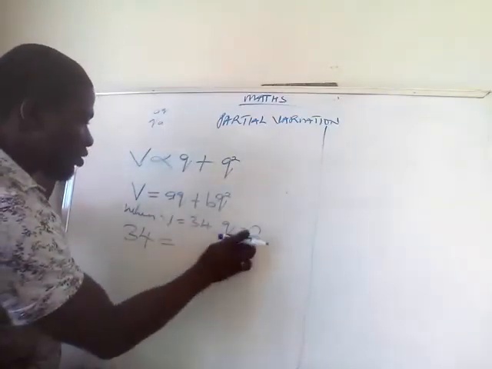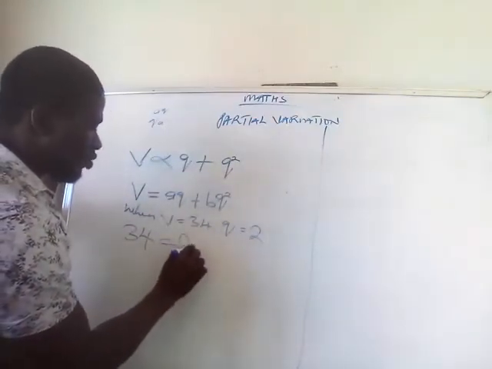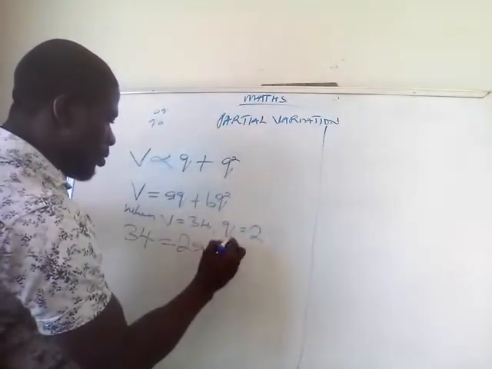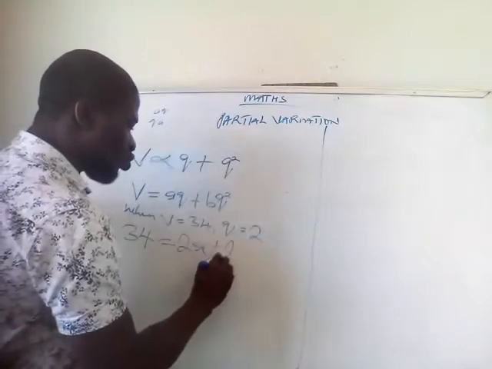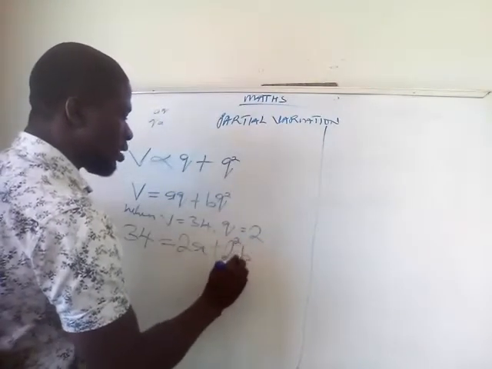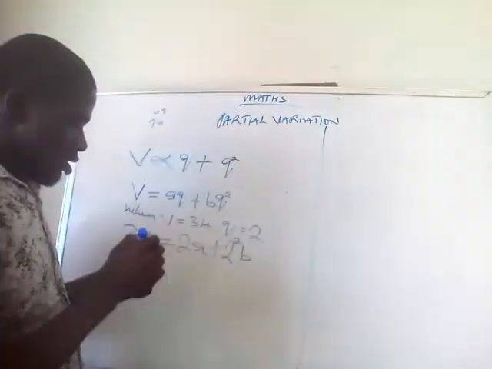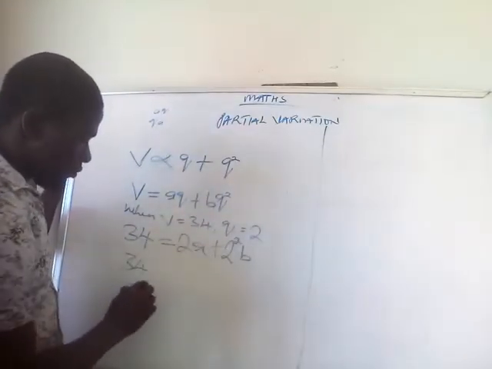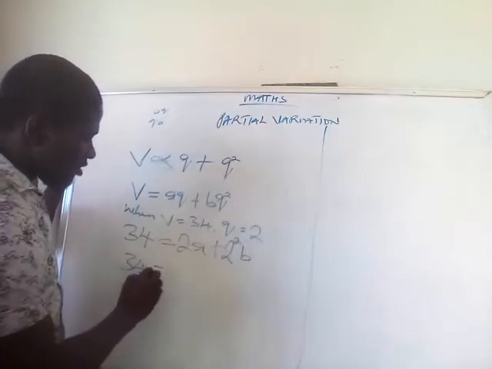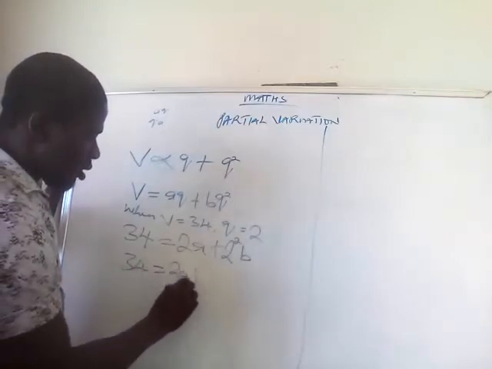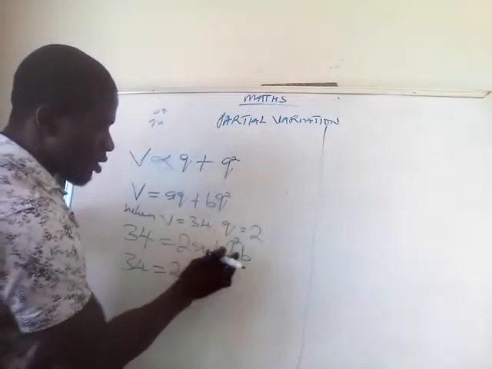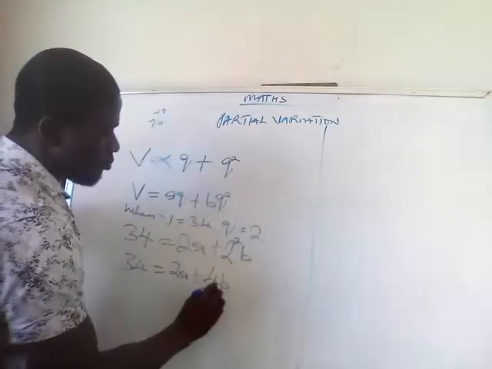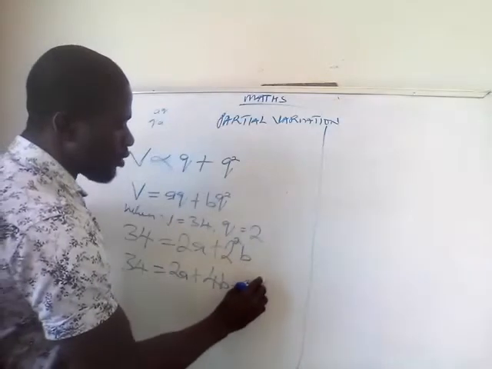So we put 2a plus 2 squared b. So 34 is equal to 2a plus 2 squared, which is 4, so you have 4b. We call this our equation 1.